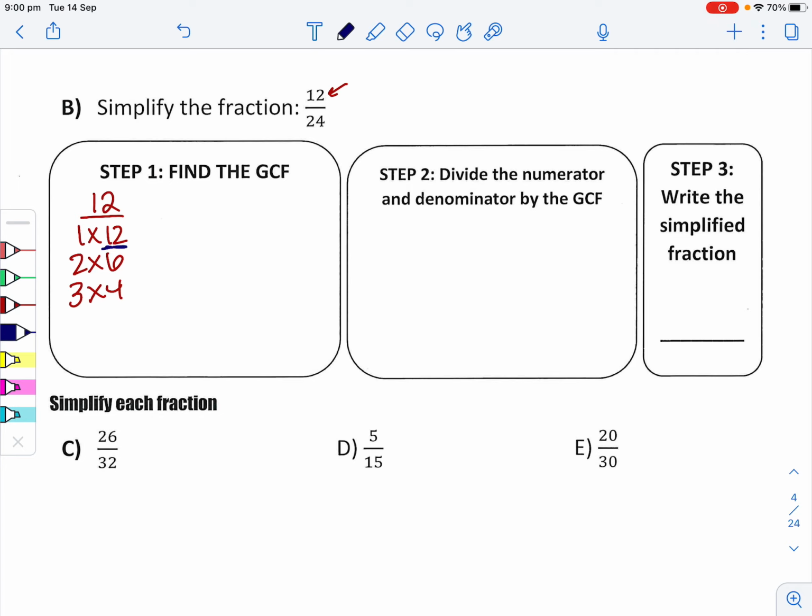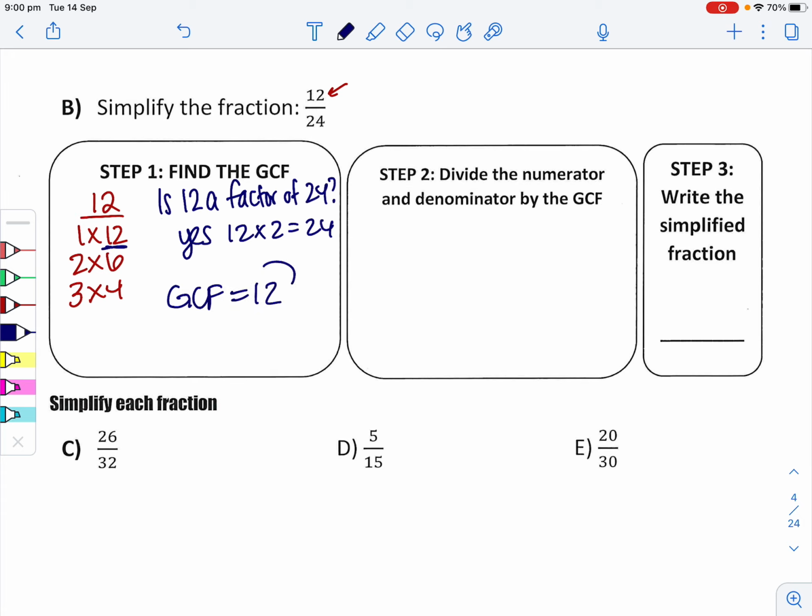And I'm going to say, is 12 a factor of 24? The answer is yes. 12 times 2 is 24. So my greatest common factor is 12. Again, we got lucky. The first number is the one that worked.